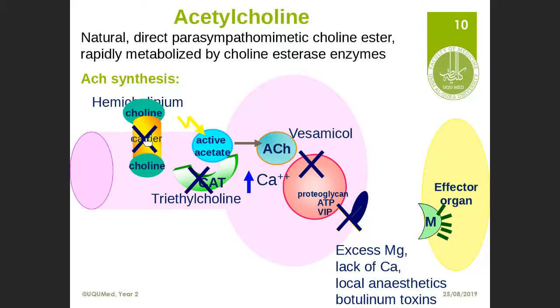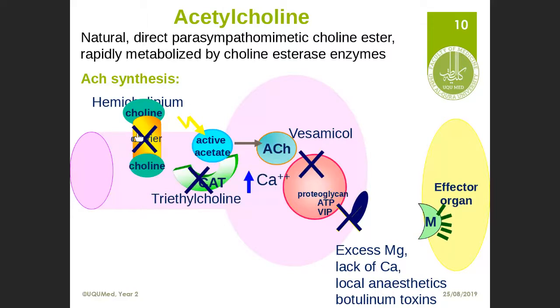There are a lot of pathological states and diseases which may happen if acetylcholine is not produced properly, not stored properly, or not released properly into the synaptic cleft, which I will discuss in the next slides.